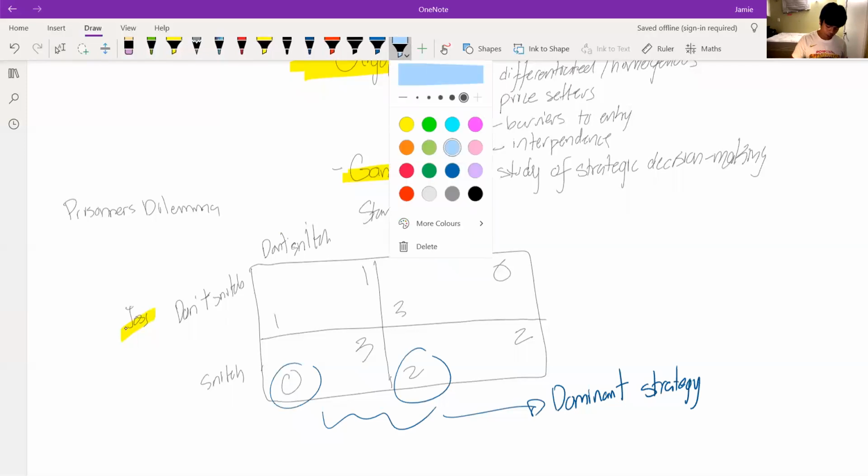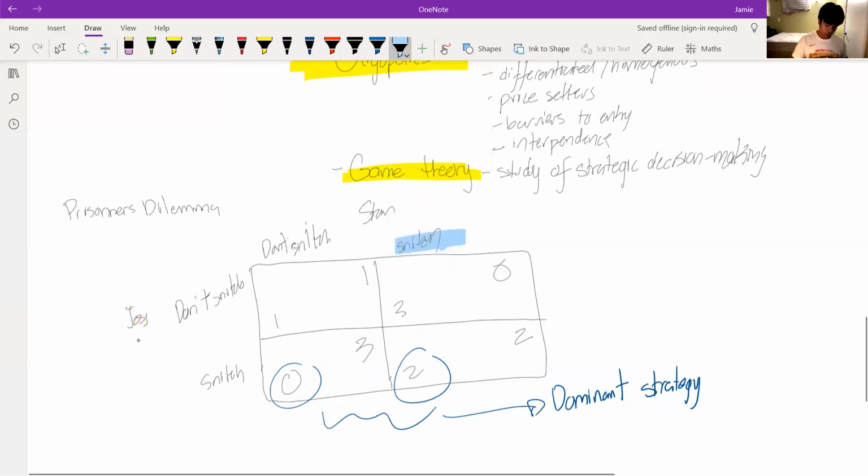So now we have to figure out Stan's response, taking the perspective of Stan. If Jess decides to not snitch, Stan will choose his highest payout, which is snitch, right? 0 is better than 1 year in jail. What if Jess snitches?